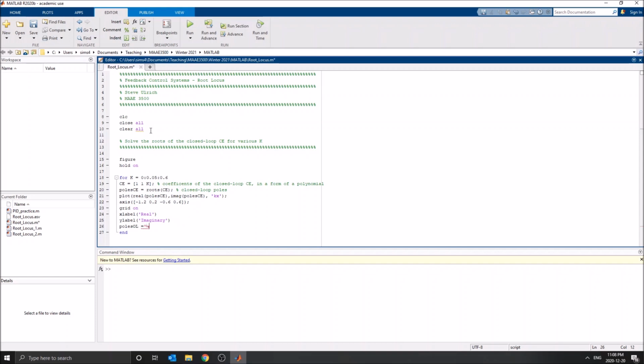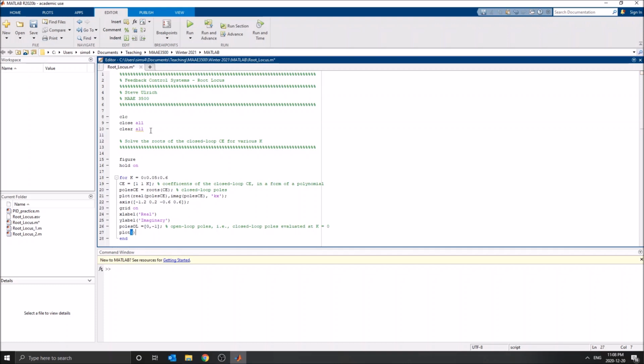If you remember, we had one at the origin, so 0, and the other one at s equal minus 1. So just to be explicit, these are the open loop poles, or in other words, closed loop poles evaluated at k equal to 0. So that would be the starting point in the root locus.